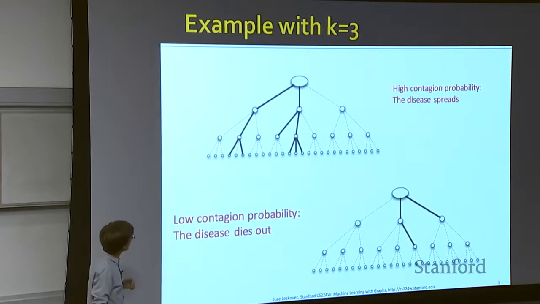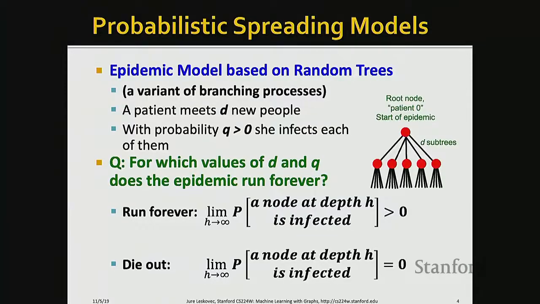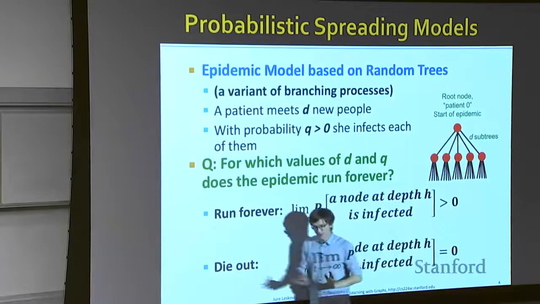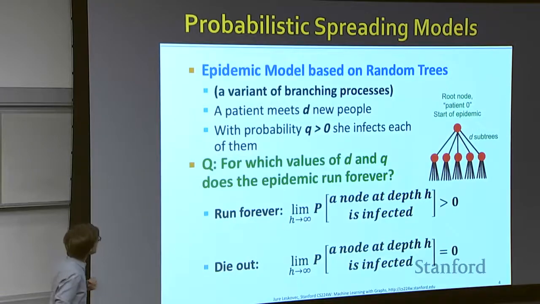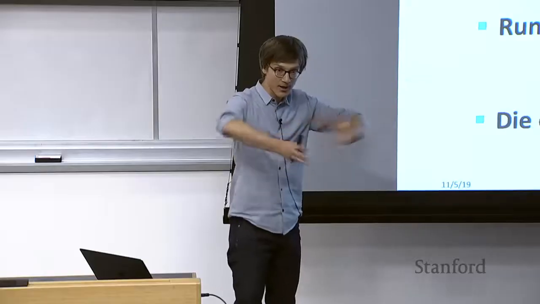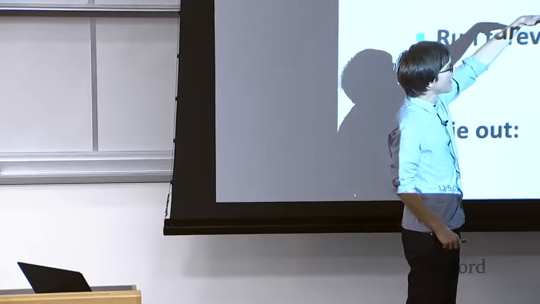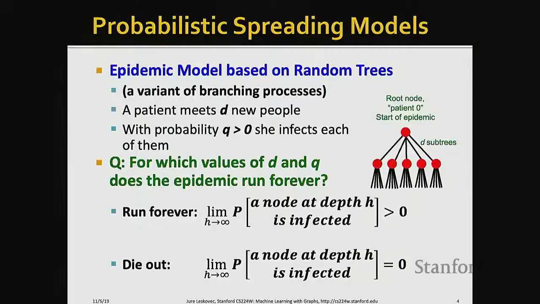We'll analyze a mathematically very simple model of probabilistic contagion on a simple model of the network: an infinite tree where every node has d children, so every node has d subtrees. This is a branching process. You can think of it as every patient meeting d people, and with probability q, the patient infects each of these d people.